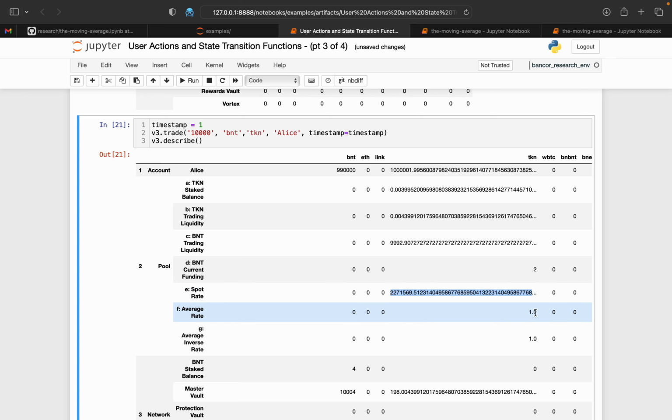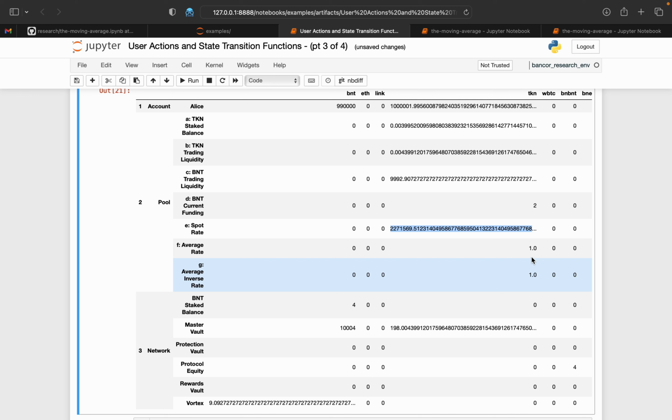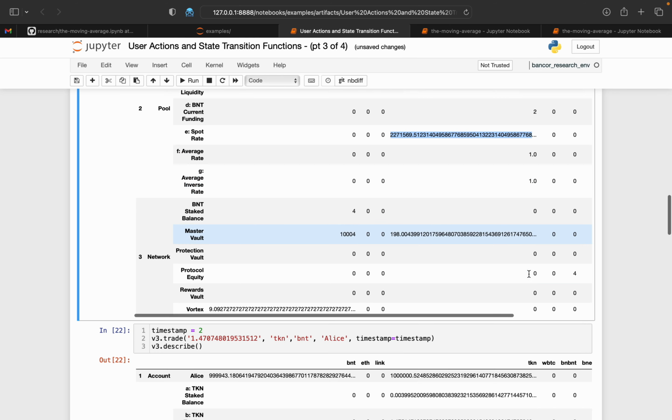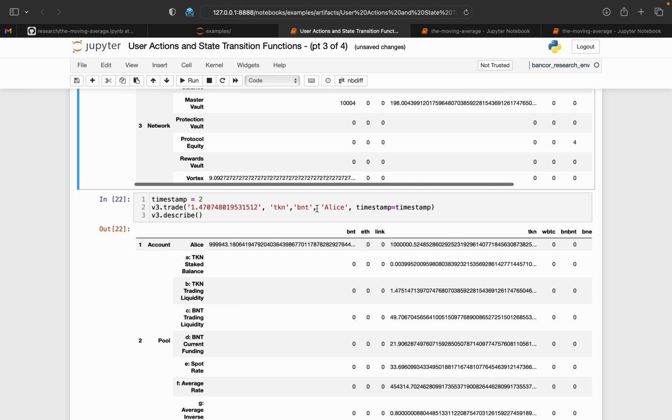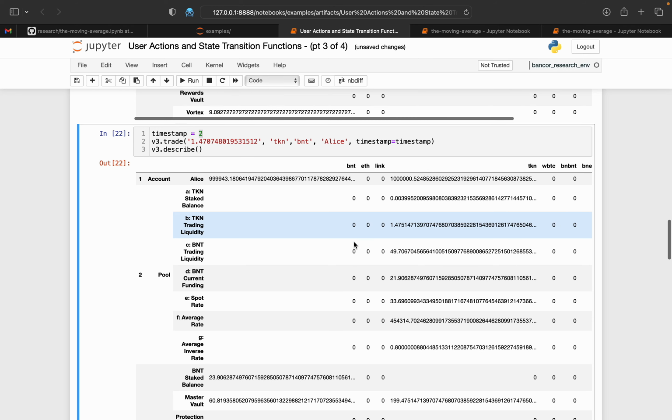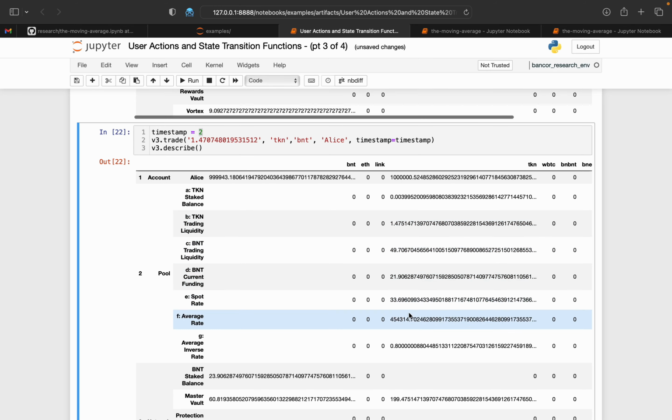Like Mark had mentioned, our EMA and inverse EMA are in line at 1 still. They're running behind, and we can make another trade, this time TKN to BNT, on the next timestamp, and we can watch how those values change as well.